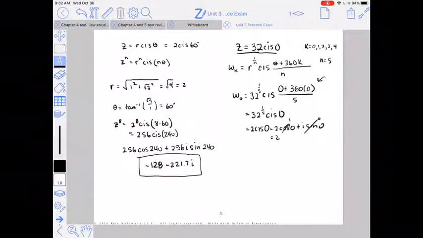We just need to repeat this a couple more times for k equals 1, 2, 3, 4. So now we do 32 to the 1/5. Now we have 0 plus 360 times 1 over 5. 360 divided by 5 is 72.